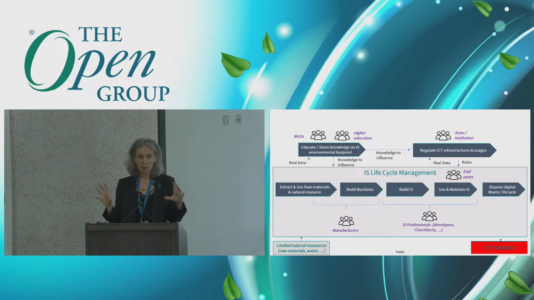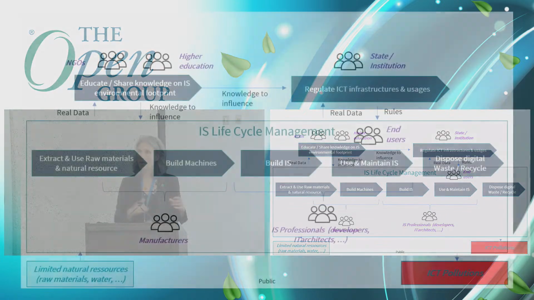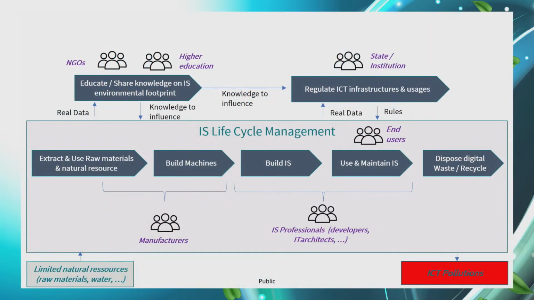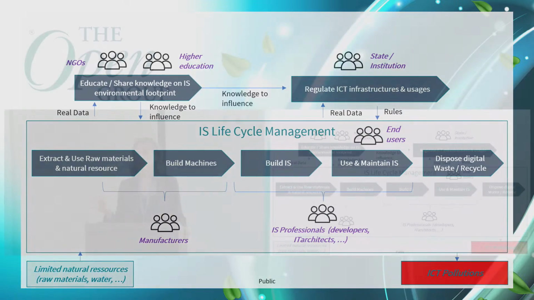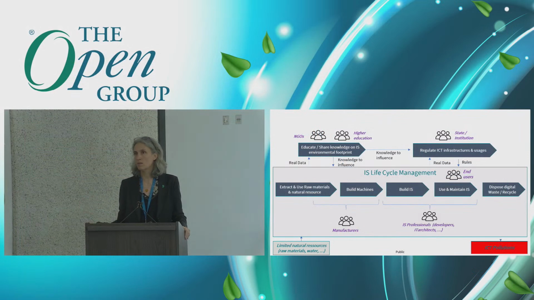What is also very important in that ecosystem is the manufacturers, how they were trained and what skills they have, and us as IS professionals, what our knowledge background and practice are. And at the top, you have other very important actors in the ecosystem, the ones that regulate the sector, here the government.